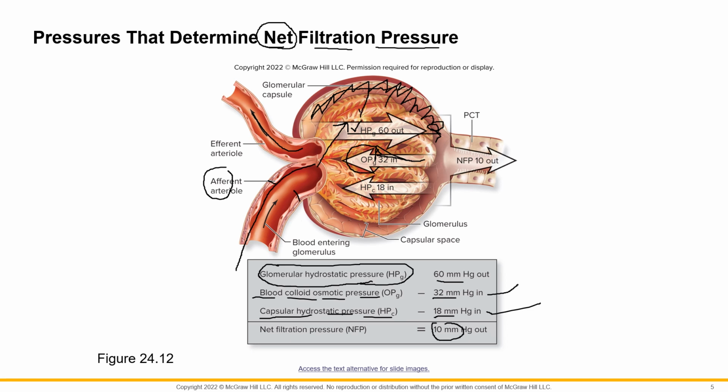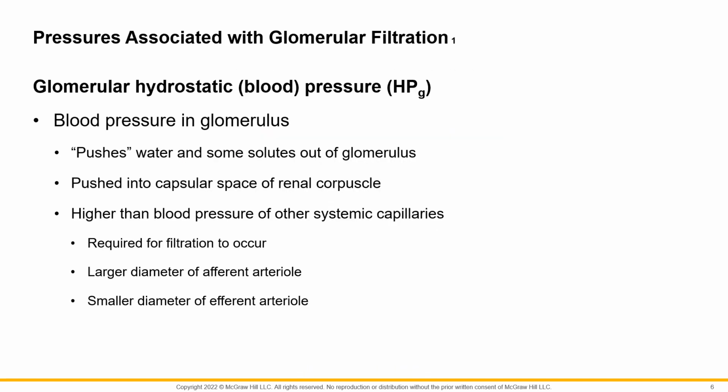So let's look at how that is calculated right here. The net filtration pressure is of the fluid that is going to enter your proximal convoluted tubule. Essentially, GHP or HPG, both are acceptable ways to refer to it, is basically the blood pressure in the glomerulus itself.